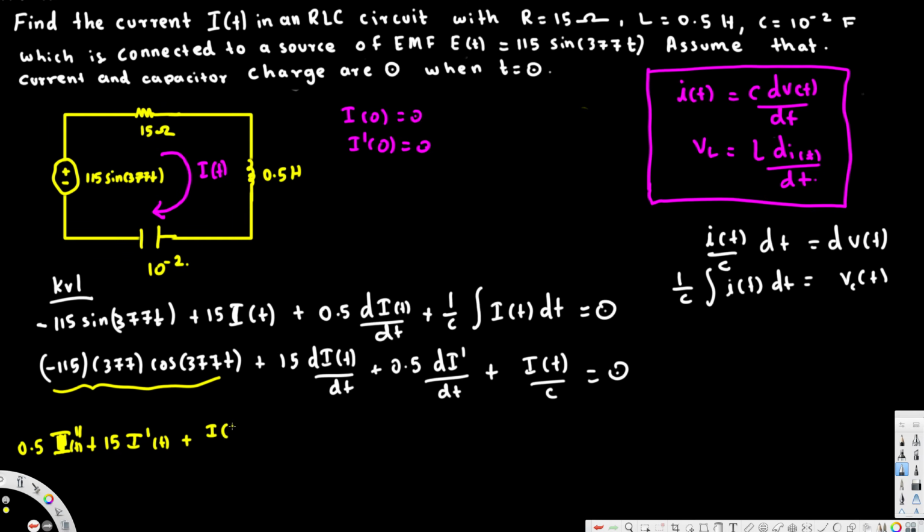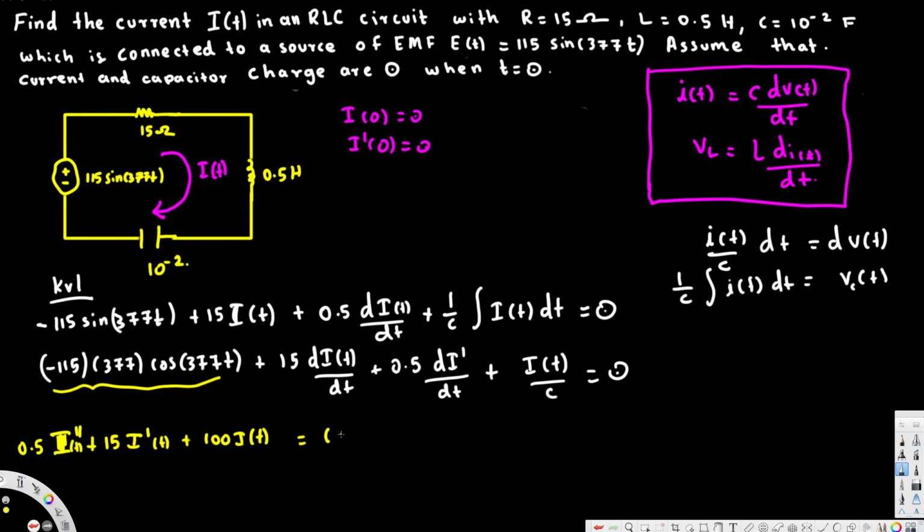We know the capacitance. We can plug the capacitance right here, that is 10 to the power minus 2, and if you divide by 10 to the power minus 2, it goes to the top as 10 to the power of 2, so that's going to be 100 i(t). Okay, so let's write this clearly. This is going to be 100 i(t), and on the other side of the equation, if we move this term over, the negative sign turns into positive.